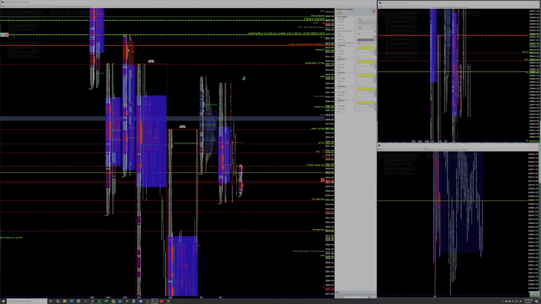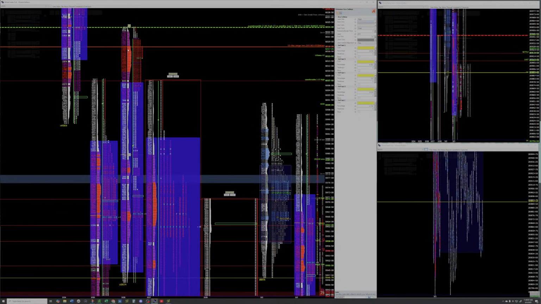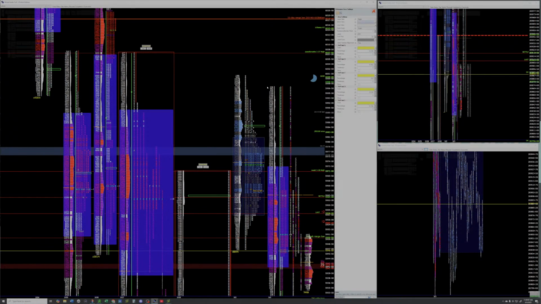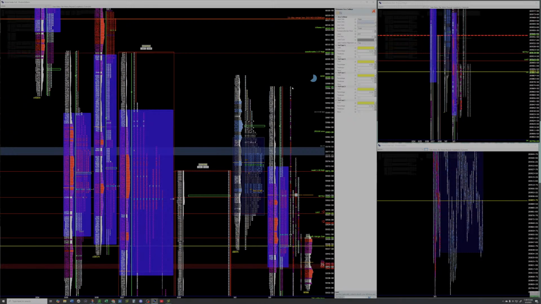Some really juicy piece of volume here is this area. Let me label the high here, this high here.